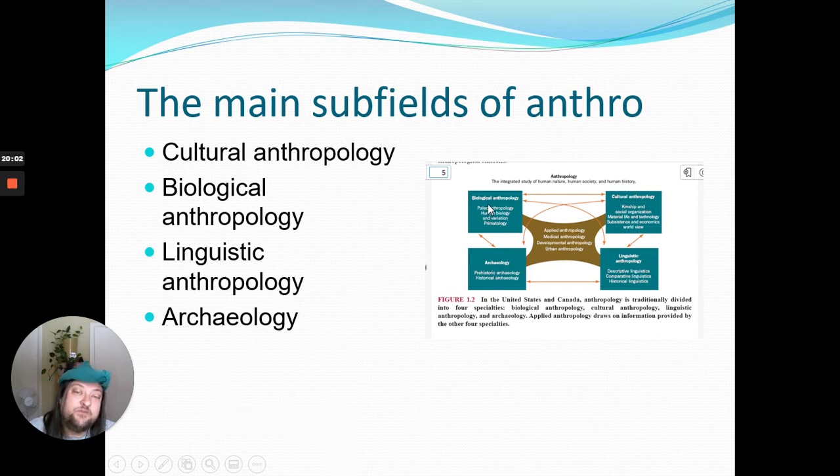These are the four main fields, and you see them in these blue squares here. And they each have their own specialty. And in the middle, you have some others, and we can talk about those a bit later, but we won't go into detail. They're kind of like other subfields, but that take information from the four main ones. Okay, so they kind of crisscross.